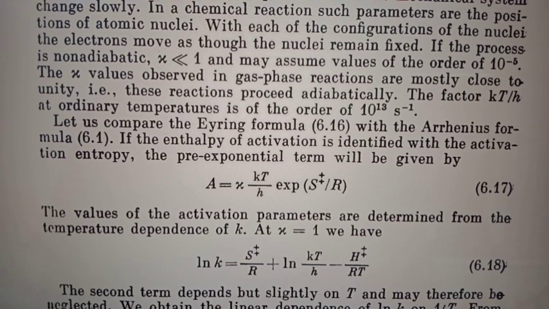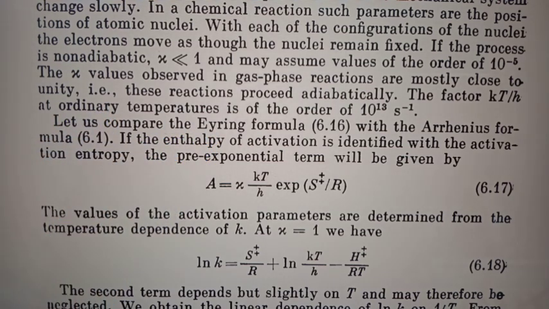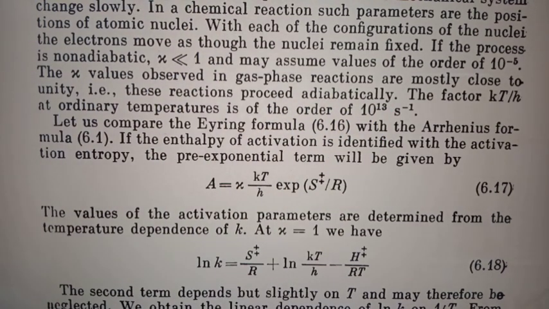The X value observed in gas phase reactions are mostly close to unity. The factor kT per h at ordinary temperature is of the order of 10 raised to power 13 per second.